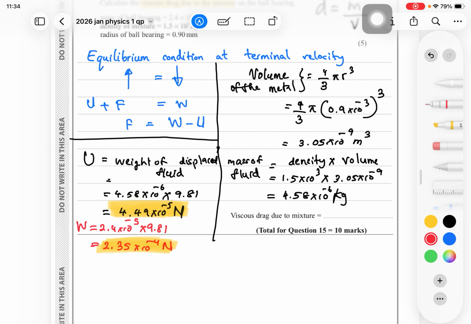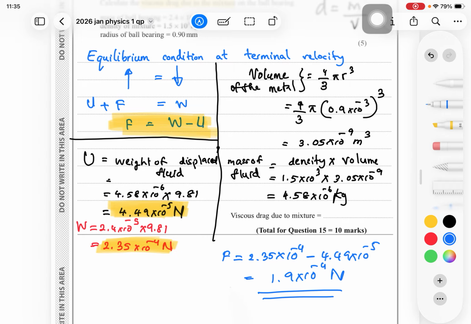So the viscous force is the difference between these two, as we got here on top. So remember, in this equation we got our substitution. So viscous force is 2.35 into 10 to the power negative 4 minus 4.49 into 10 to the power negative 5, which is 1.9 into 10 to the power negative 4 Newton.